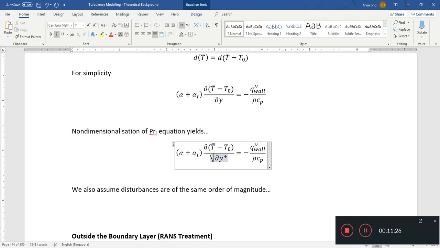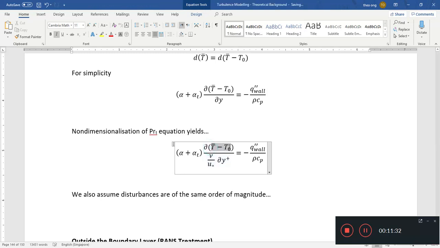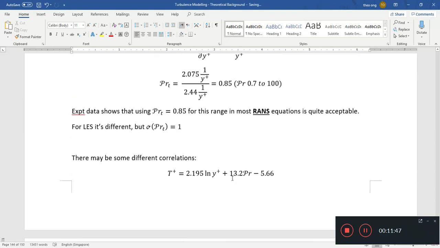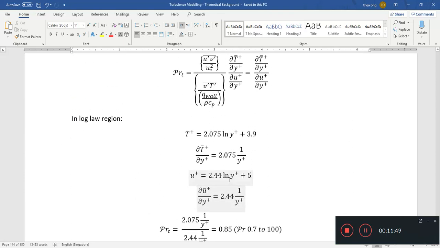Nu divided by u star. And of course, this thing I would need to replace by T plus and T star. T plus T star. And what is T star? We calculated it before, so let's do it again.